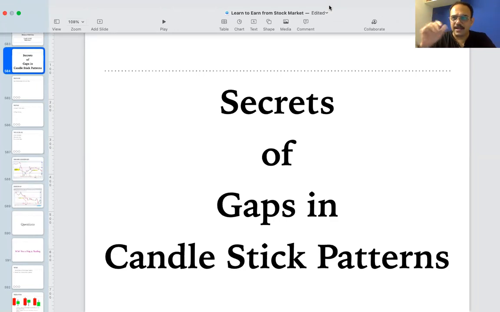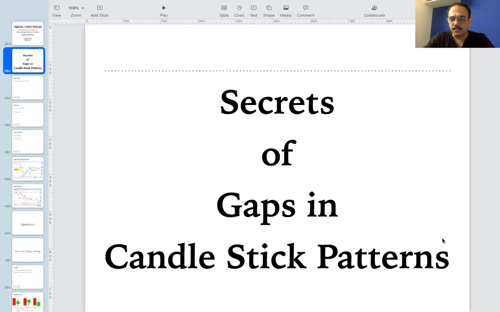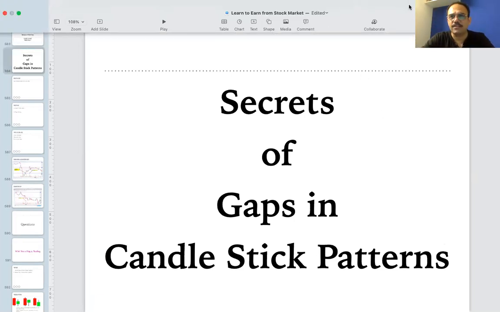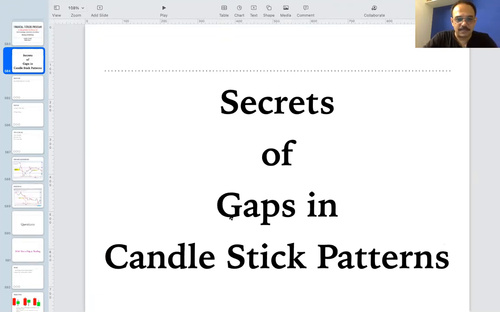Am I connected? Am I audible? Yes. Okay, it was breaking. I have two connections, so I switched over to the better connection now. My connection is better quality than the previous one. Okay, great.